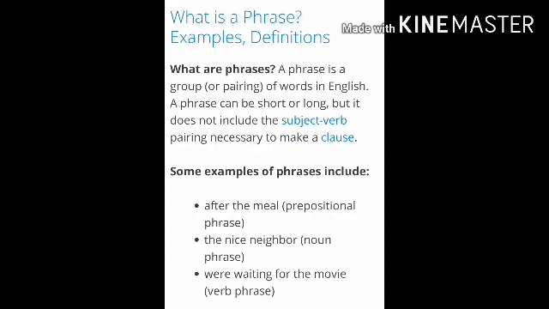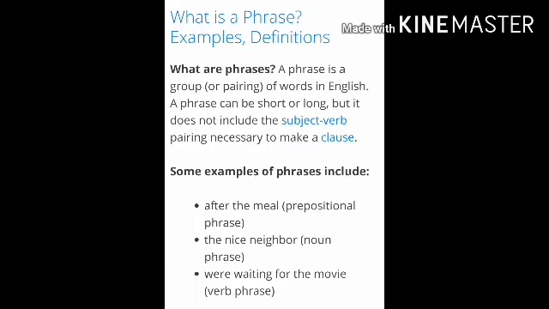Don't look at the bracketed word, prepositional phrase. I'll tell you in the next video what exactly this prepositional phrase is. Now just focus on the group of words, after the meal.